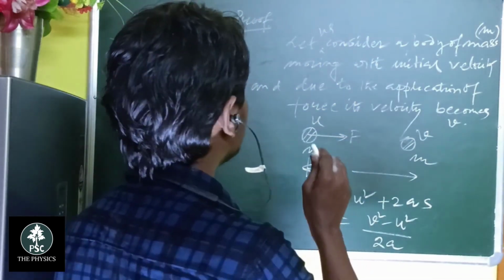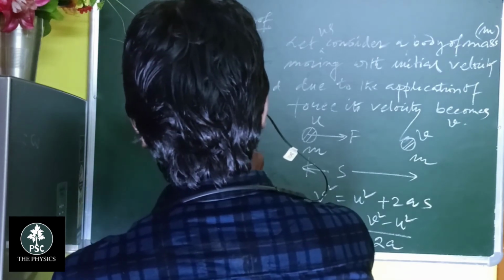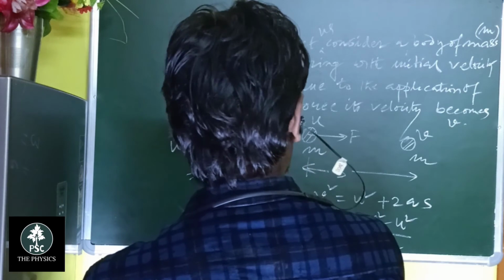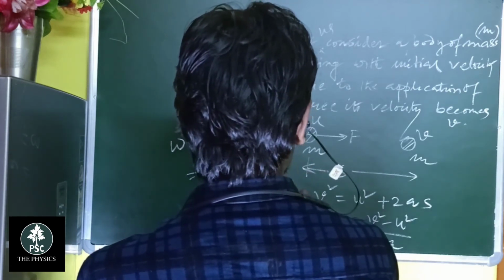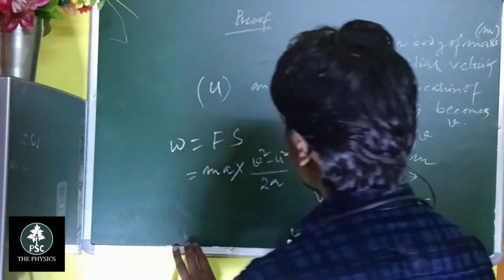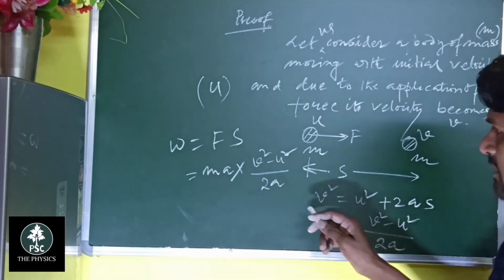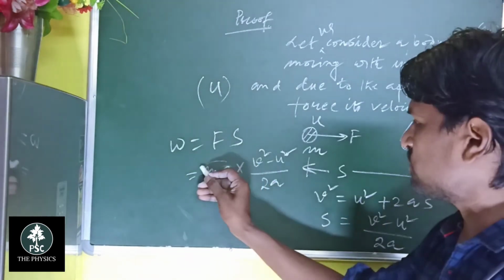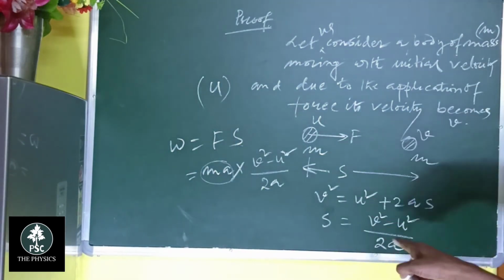So the work done is work equal to force into displacement, and force equals mass into acceleration, then s equals v square minus u square by 2a. In place of F you can write mass into acceleration, and in place of s you can write v square minus u square by 2a.